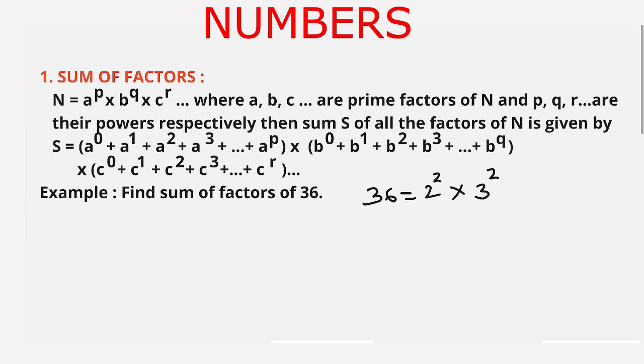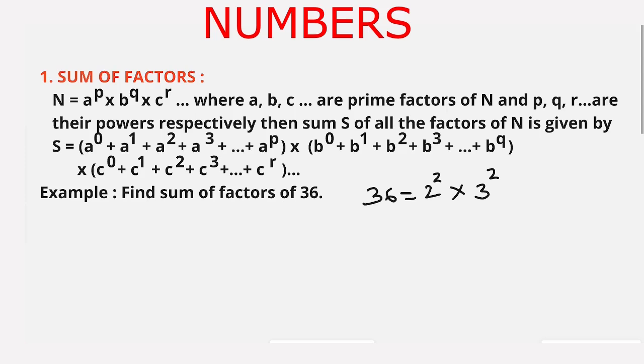Now here the value of a is 2 and its power p is also 2, multiplied by b equal to 3 and the power of b, which is q, equal to 2.